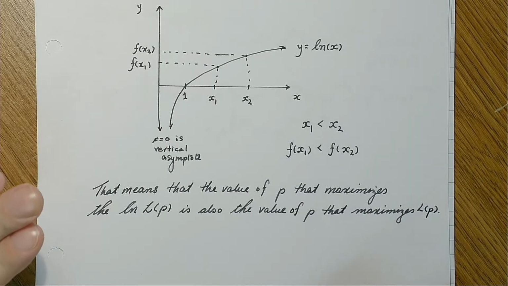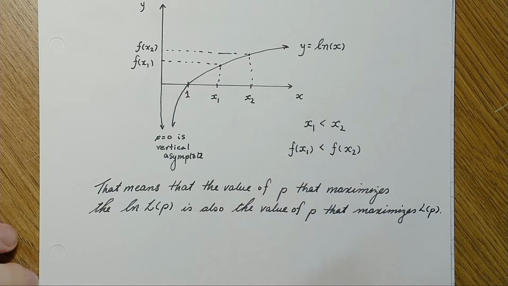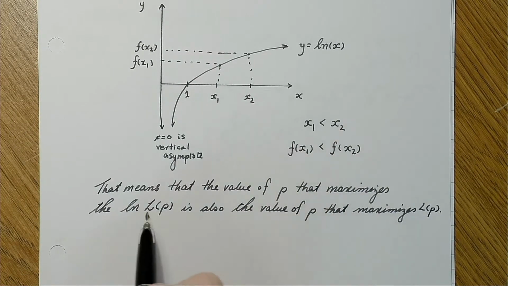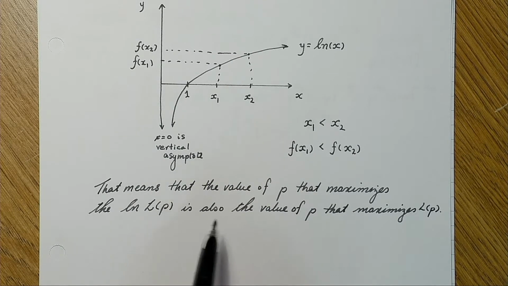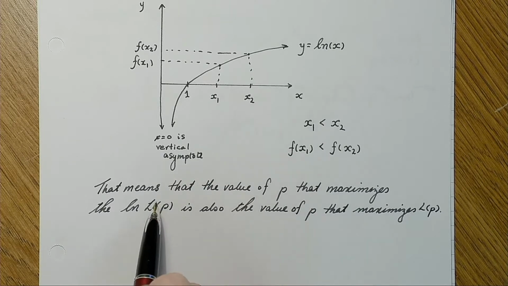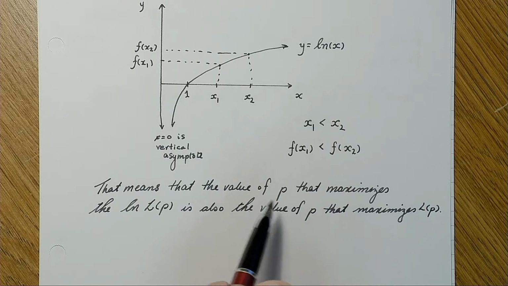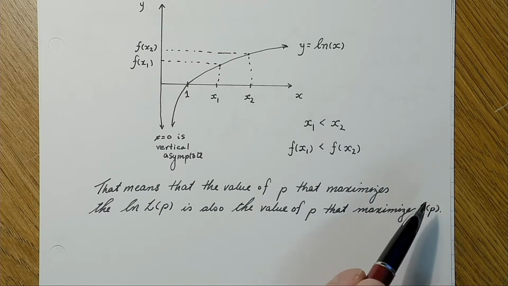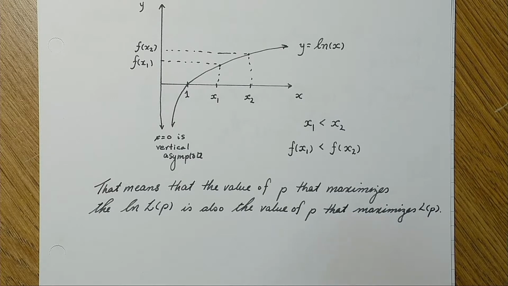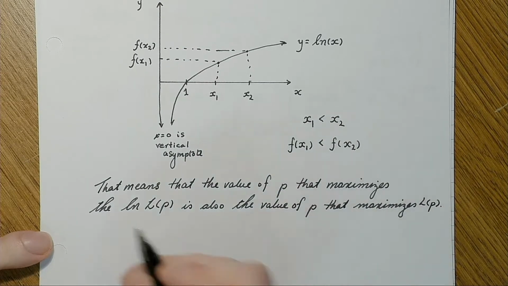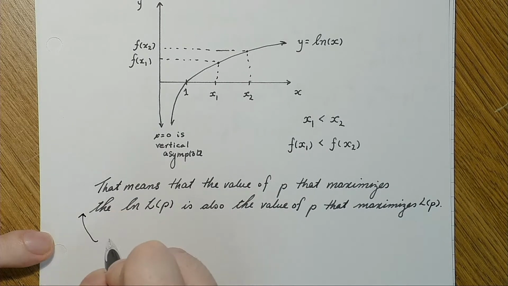So that's what our trick is. Meaning that if I apply ln to the likelihood function, it's a transformation, but applying the ln to the likelihood function doesn't change the value of p that maximizes the likelihood function. So that's very useful. That's the trick.